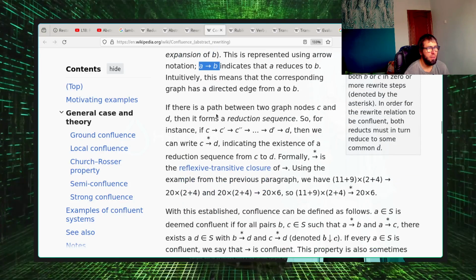And if there is a path between two graph nodes C and D, then it forms a reduction sequence.